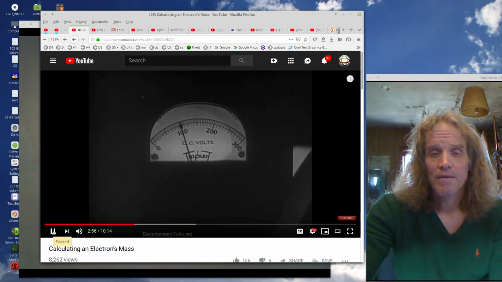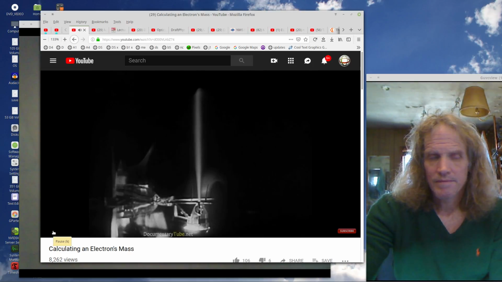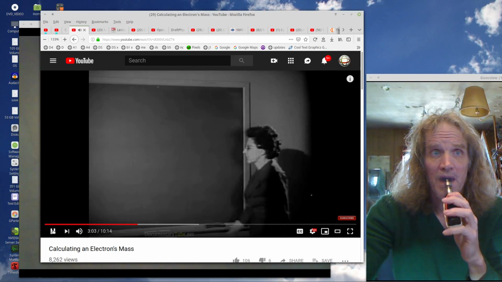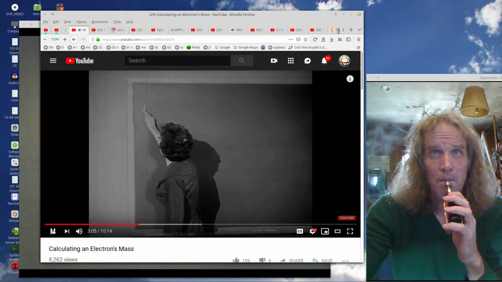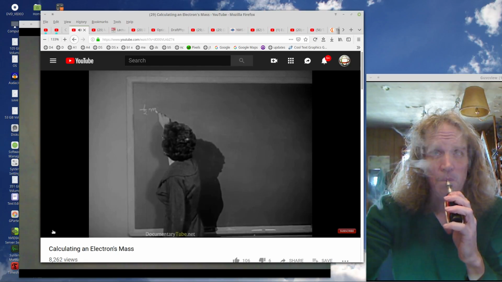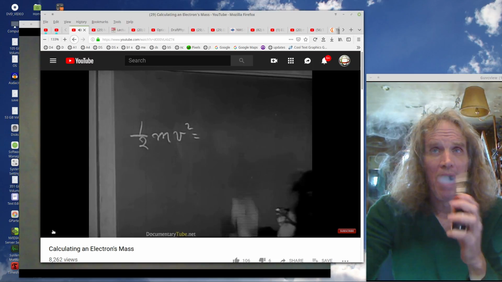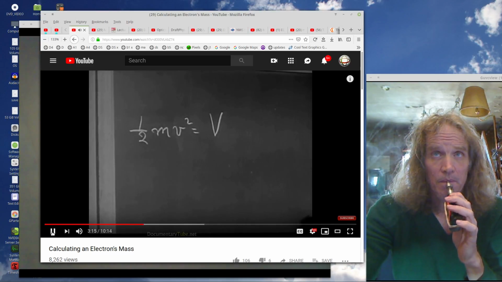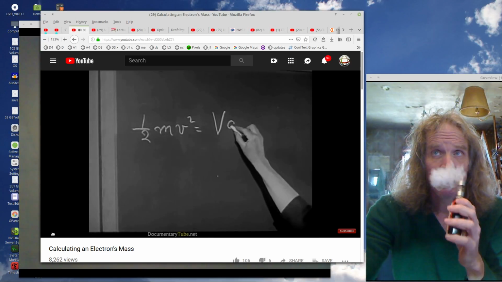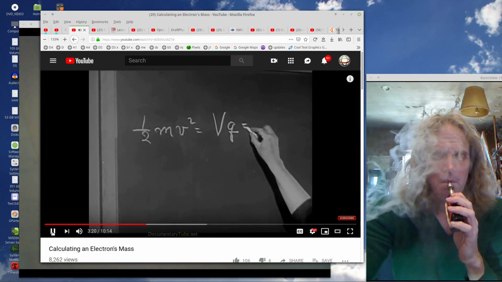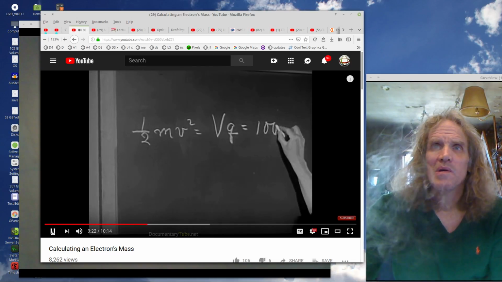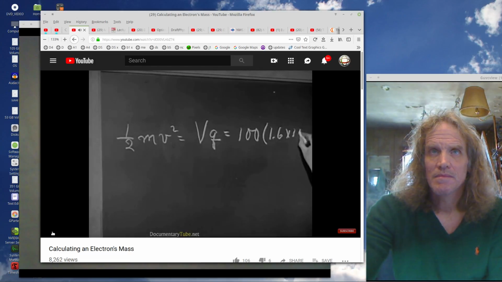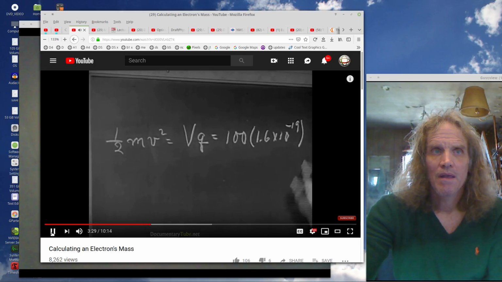Since we know the voltage applied to the gun, we know the kinetic energy of the electrons as they leave the gun. The energy of an electron as it leaves the gun is equal to the energy per elementary charge times the charge. We have 100 volts on the electron gun, and each volt is worth this many.